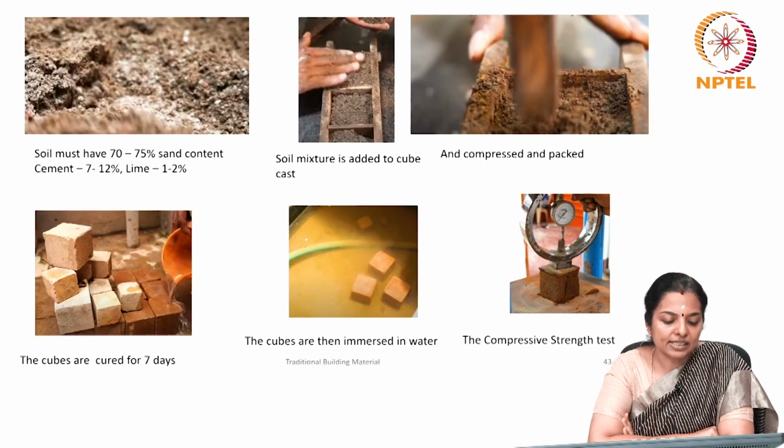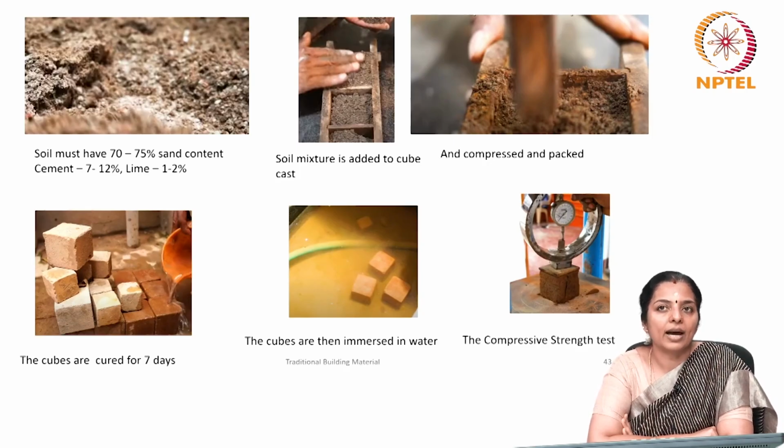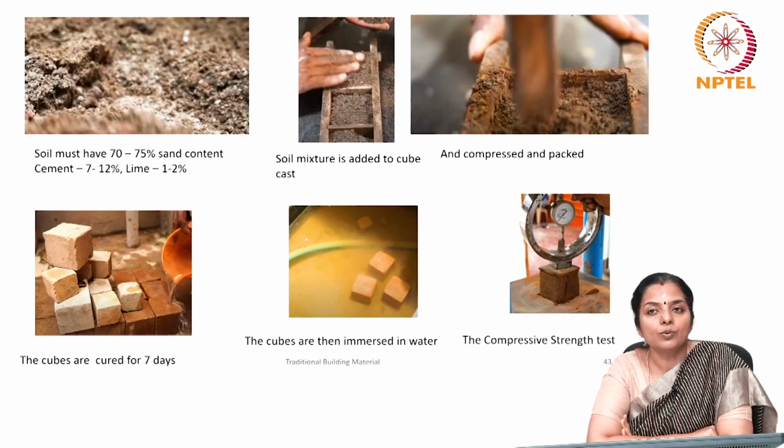Then this is mixed completely dry, and to this dry mix you add water. It's very important to understand water content, because water content of adobe affects its strength and resilience. Too much water will make the brick very weak. So in order to improve its waterproofing qualities, you can even add asphalt emulsions.